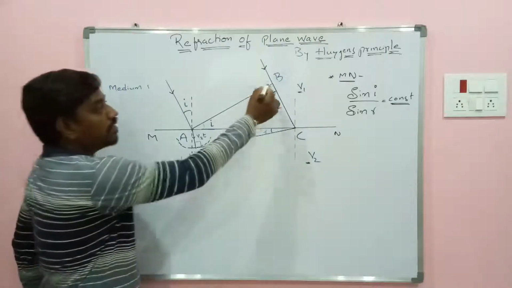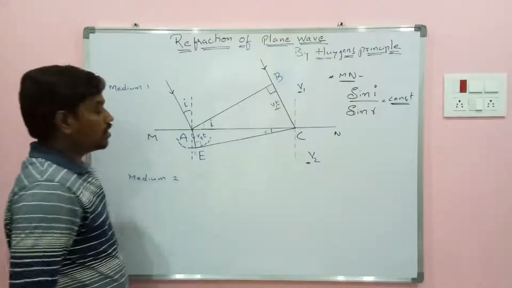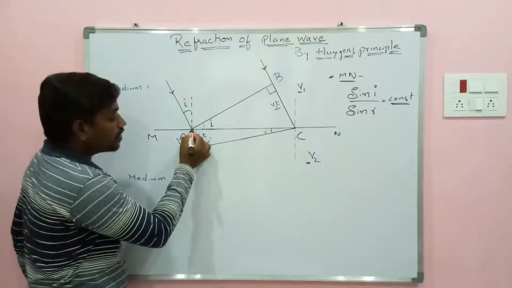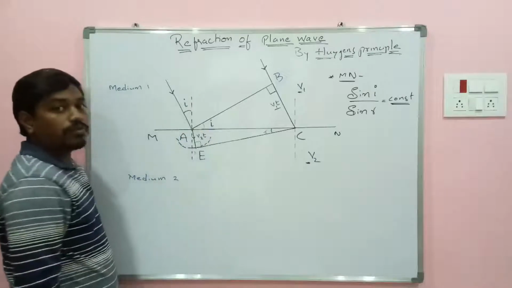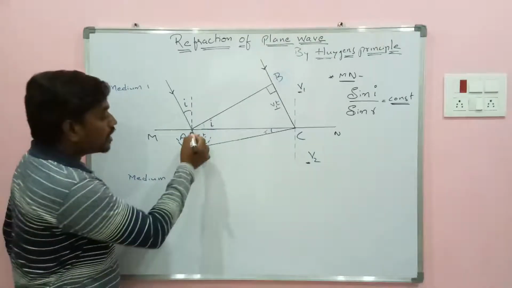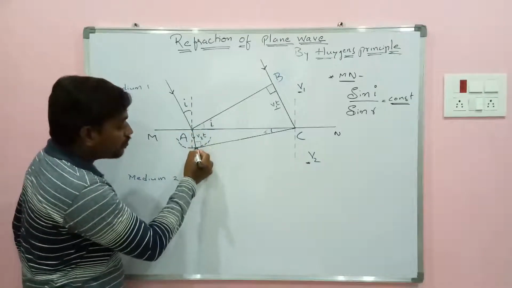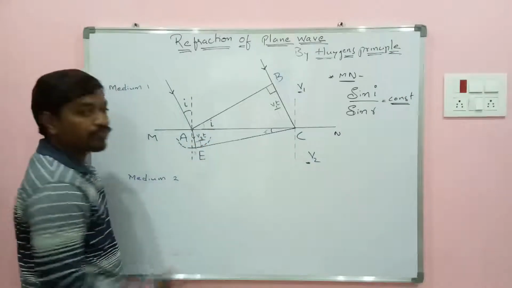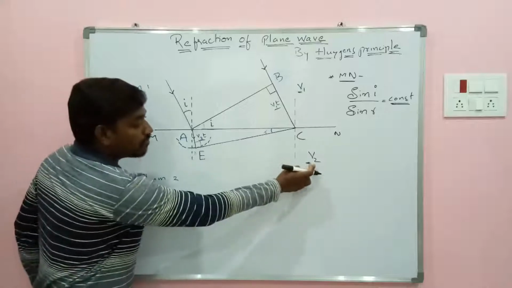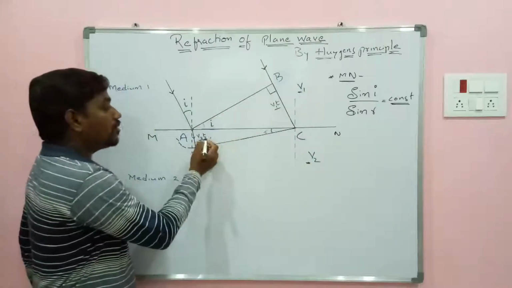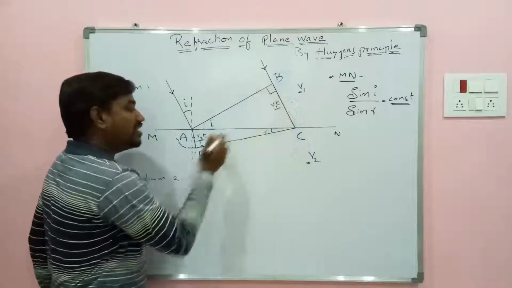By the time B reaches C, we will have the wavefront generated in the second medium from the point A, and that will be traveling a distance of v2t. Here v2 is the speed of the wave in the second medium, but the time of travel is the same.